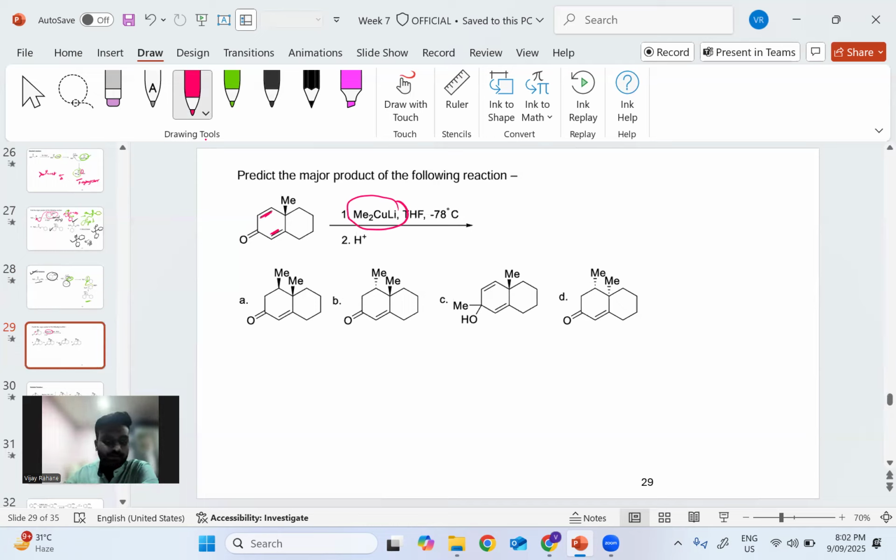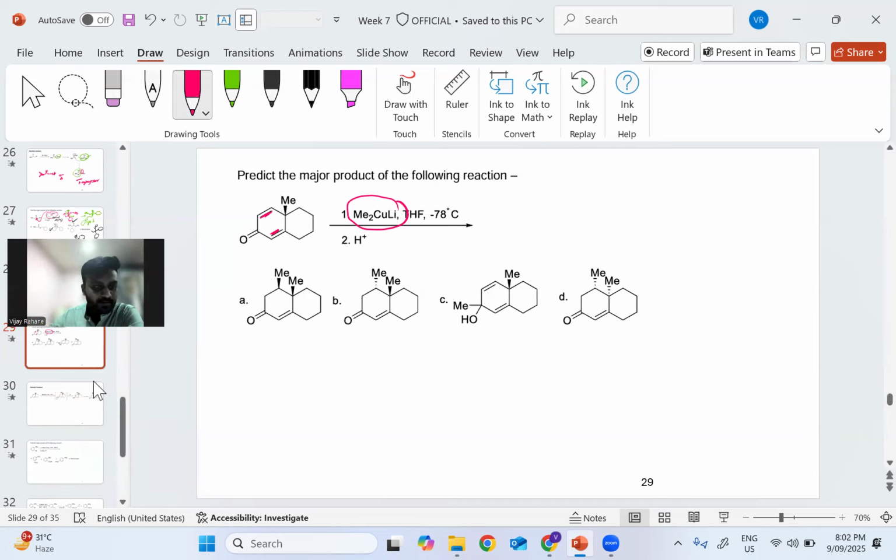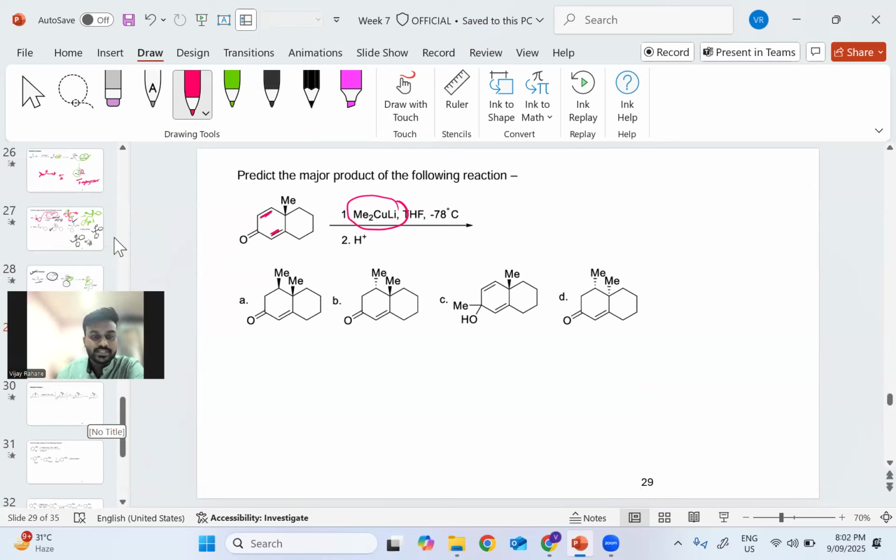Based on that, the formation of product takes place. If you consider this one, there are sterically bulky groups on both sides. Here also there is one group which has again this entire group, and on the other side there will be hydrogen. If you look at the possible attacks, I'll just categorize them into A and B to be easy for understanding.